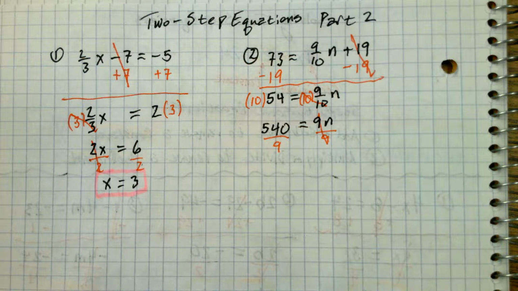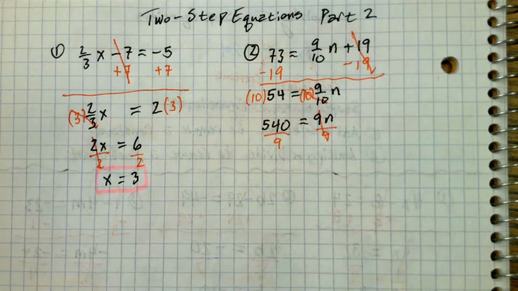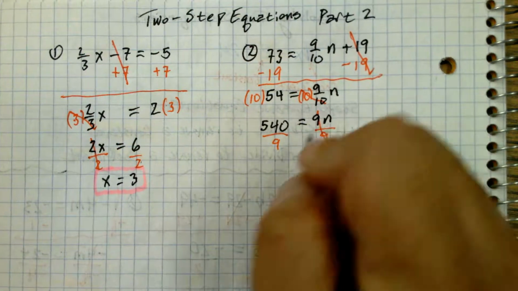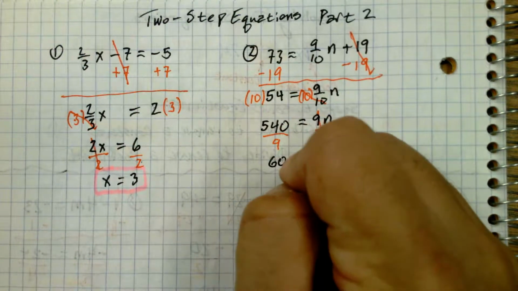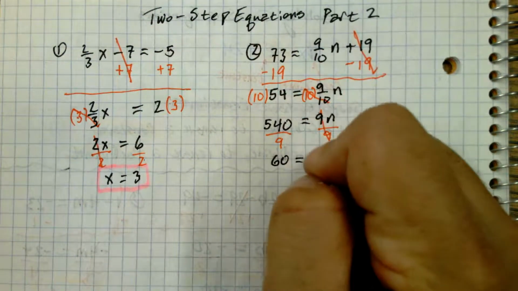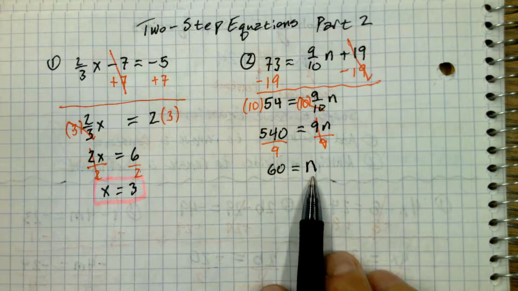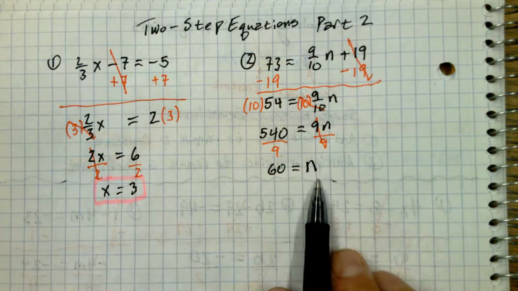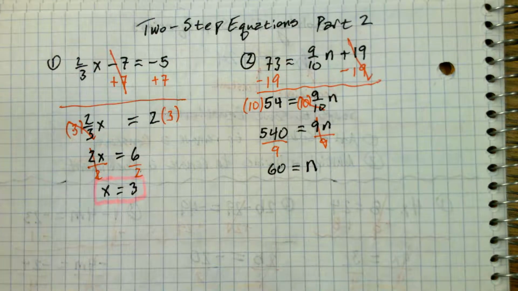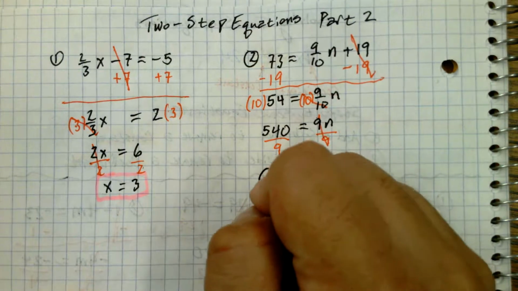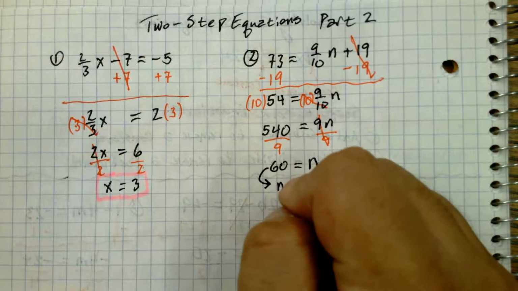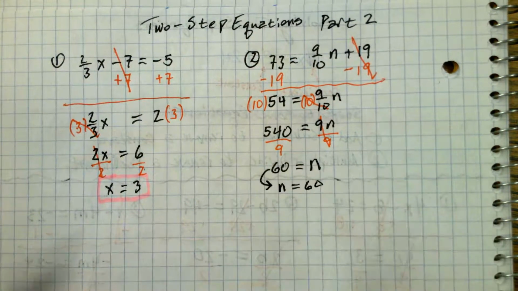What is it, 6 times? So 9 goes into 540 60 times. And over here, we don't have 9, so it's just n. So Ariane, do you see how I just have the variable now because I divided? And that's 60. So the answer is 60. And you can write it this way or flip it around, write it that way. Okay?